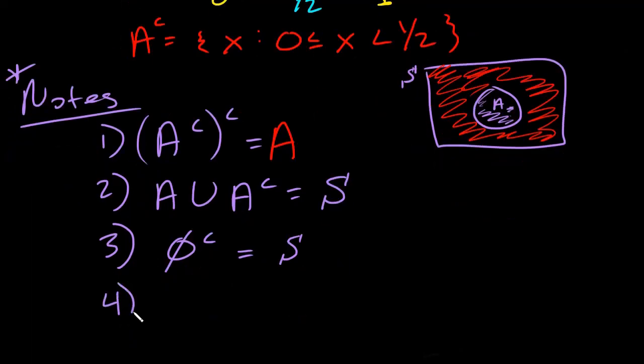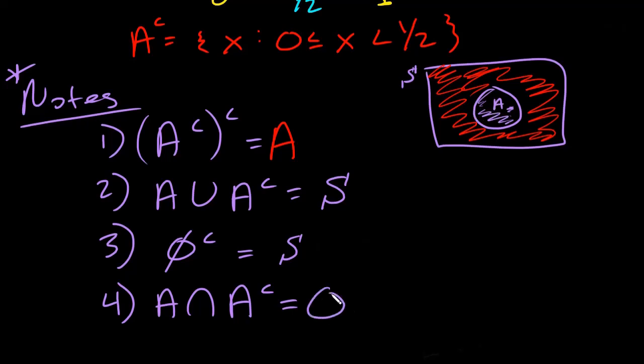Next, let's do A intersection A complement. Intersection means and. So what would this be? The red is A complement, and the purple is A. Do any elements belong both to A complement and A? No, it's one or the other.